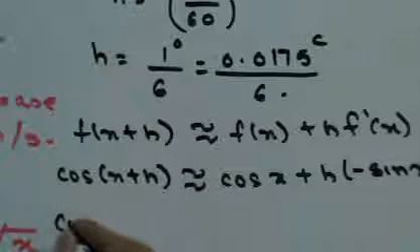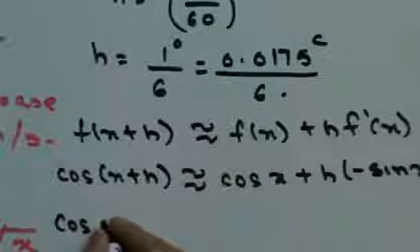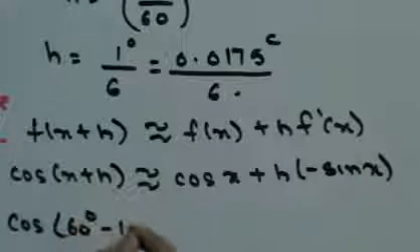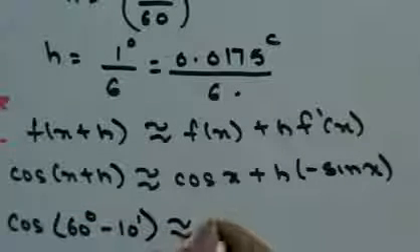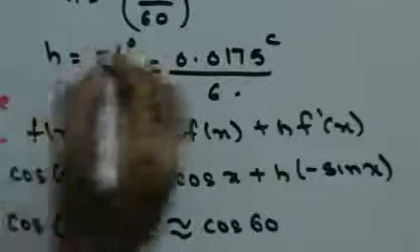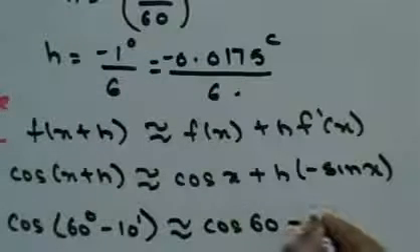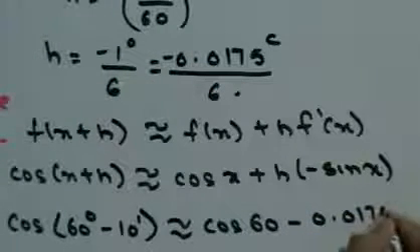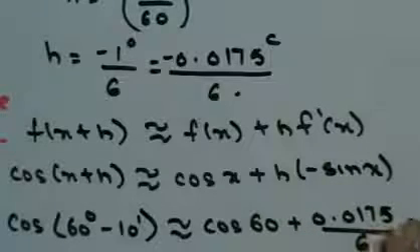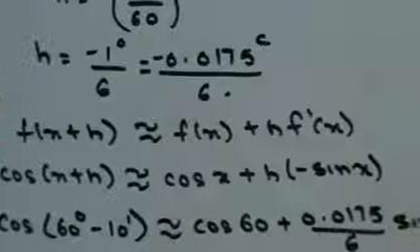Now this is going to be cos, substitute the value of x and h. If I substitute this, I'll get cos 60 degree minus 10 minutes is approximately equal to cos 60, h is minus 0.0175 divided by 6, into minus sin x. So this will become plus sin x.